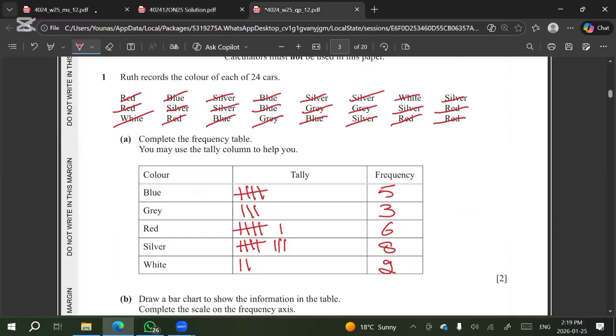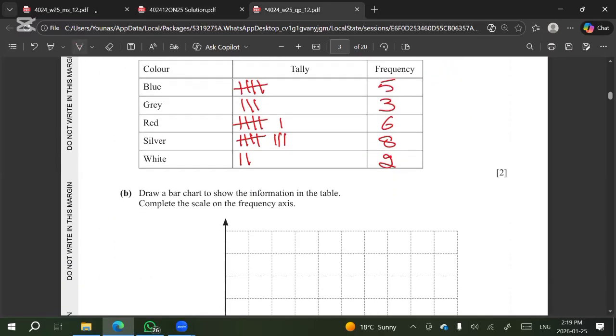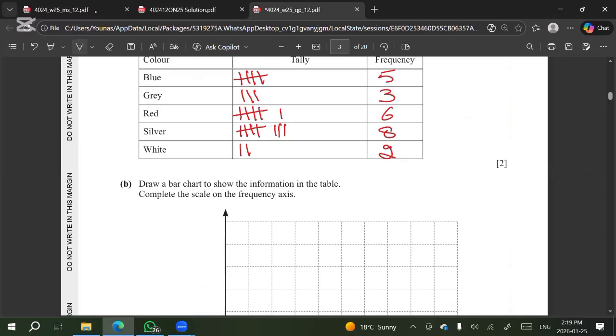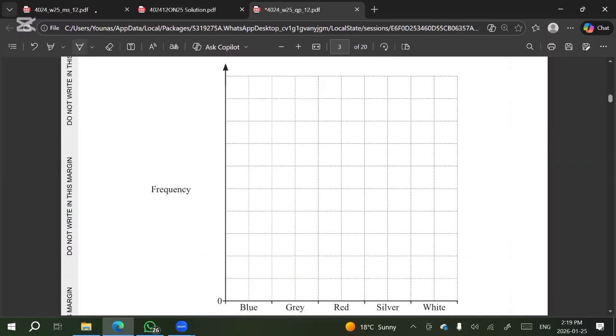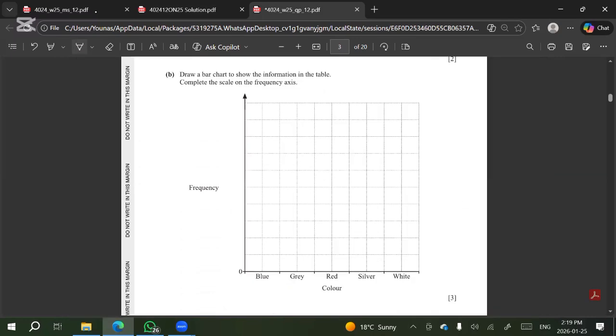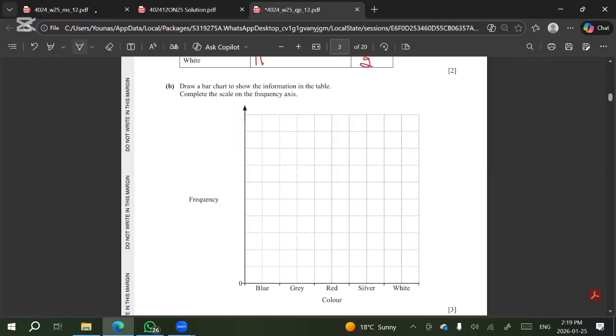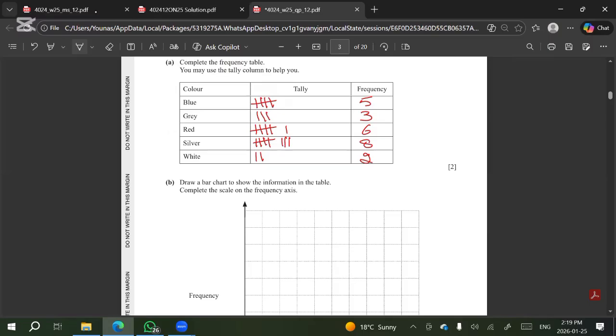Then they ask us to draw a bar chart to show the information in the table. Complete the scale. So here we have to show that information which we have in that table in the form of a bar chart. So for example, the blue is how much? The blue is 5.